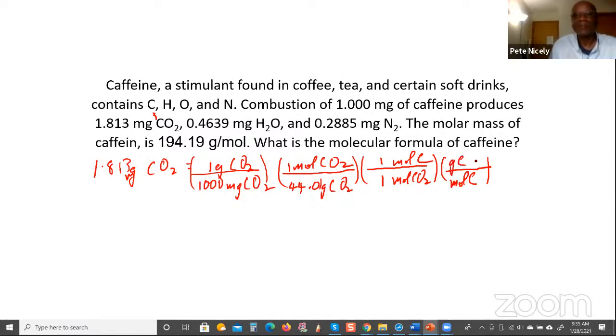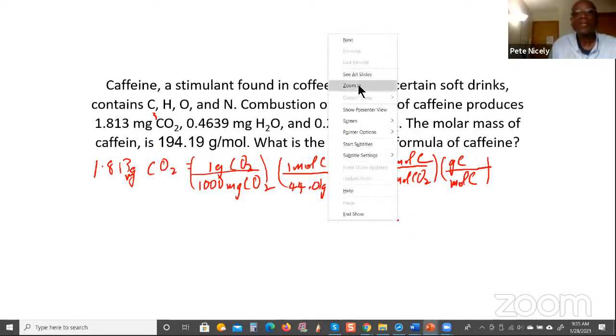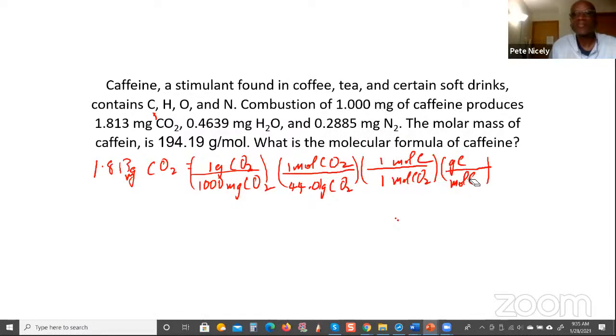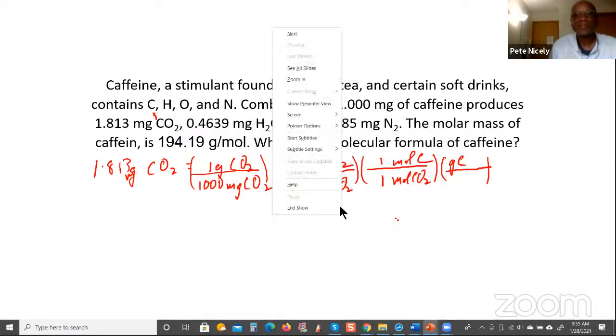Let me get my eraser, and then go back to... Okay, what am I doing wrong here?